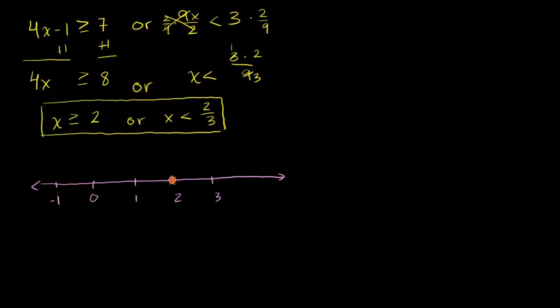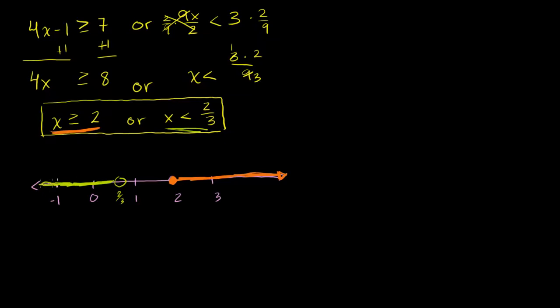We can start at 2 here and be greater than or equal to 2. So include everything greater than or equal to 2. That's that condition right there. Or x could be less than 2/3. So 2/3 is going to be right around here, right? That is 2/3. X could be less than 2/3.